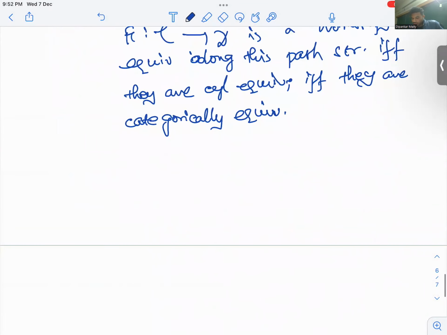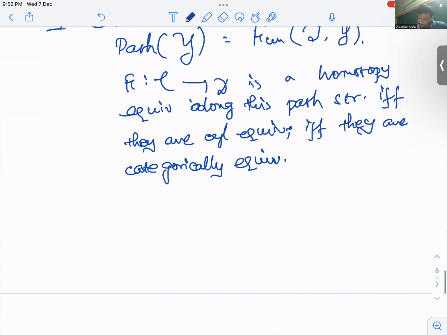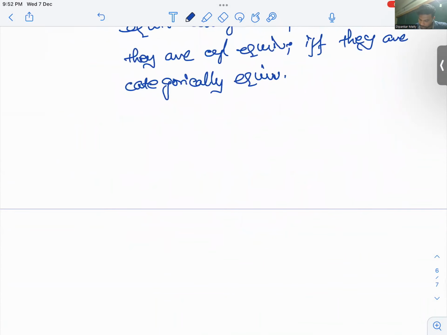So, to sum up all these things together, I'm going to define something called a pre-homotopy theory. Definition.